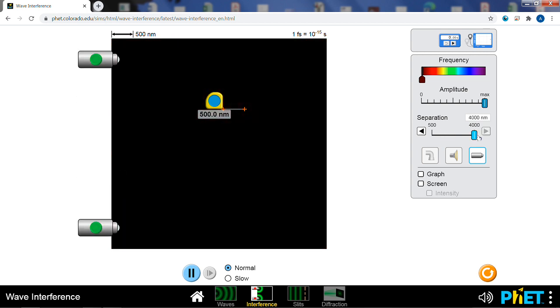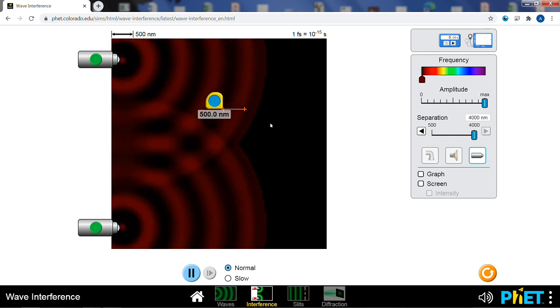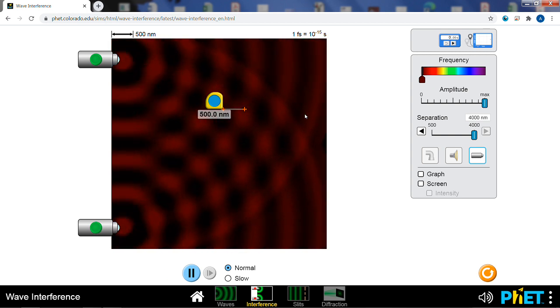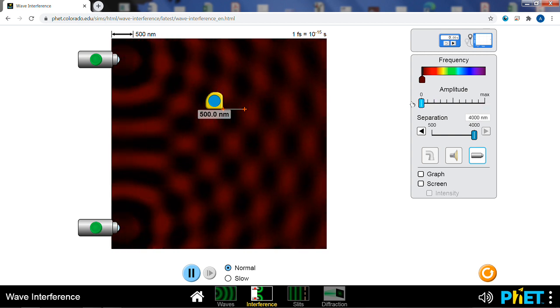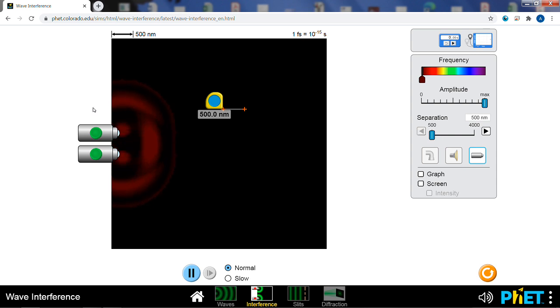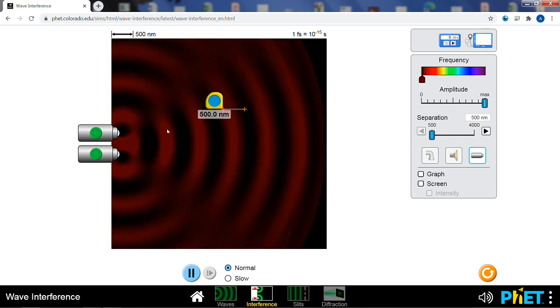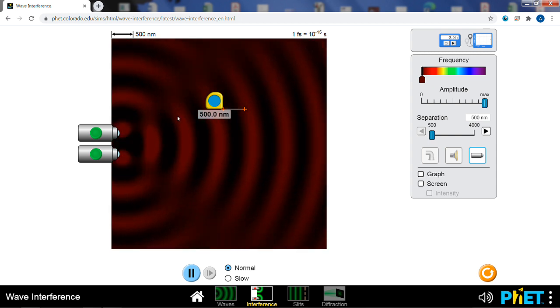We can move them further away from each other to get this pattern. And if we move them next to each other, then the theta gets much larger, and the interference pattern moves away from each other.